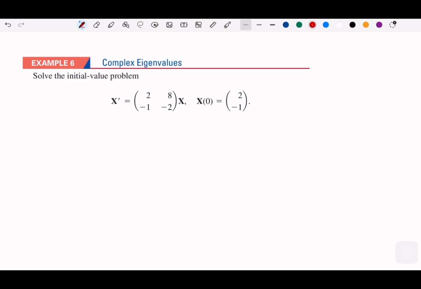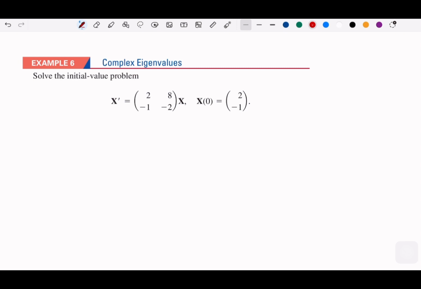I hope you are familiar with your calculators; some calculators have a matrix mode, which can be helpful.